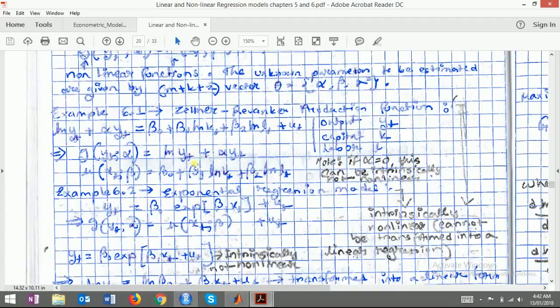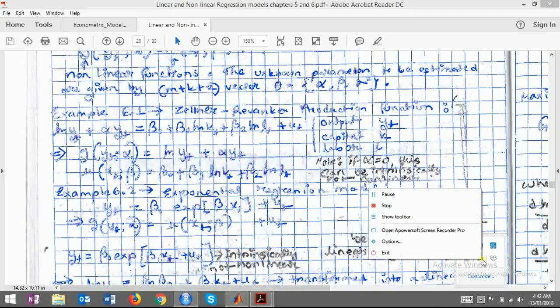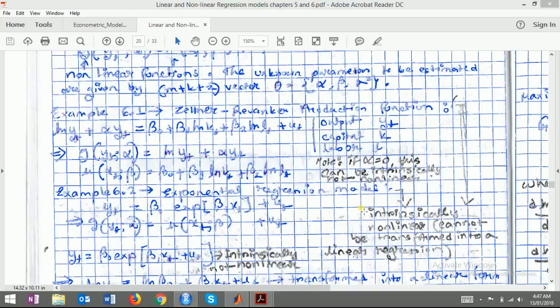If alpha equals 0, this is intrinsically linear, not nonlinear. That is important. Another example is the exponential regression model: yt equals beta naught exponential of beta 1 xt plus ut.